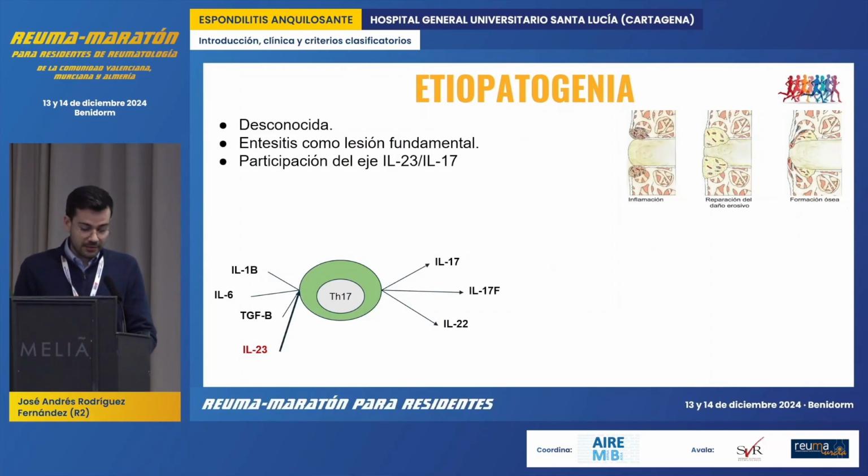They carry out their function through IL-17, IL-17F, and IL-22, and they differentiate through molecules such as IL-1β, IL-6, TGF-β, and IL-23, which is considered the most important signal. However, it has also been observed that there is a subpopulation of Th17 lymphocytes that reside in the enthesitis of the axial skeleton, which differentiate and are capable of producing IL-17 independently of IL-23.